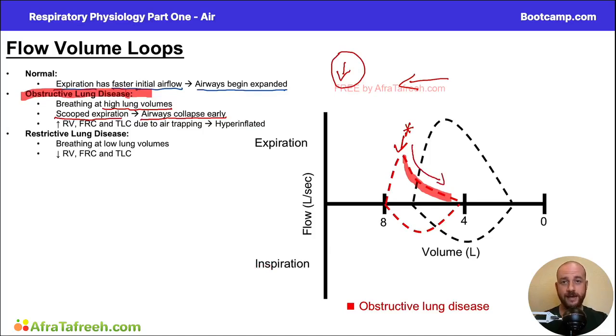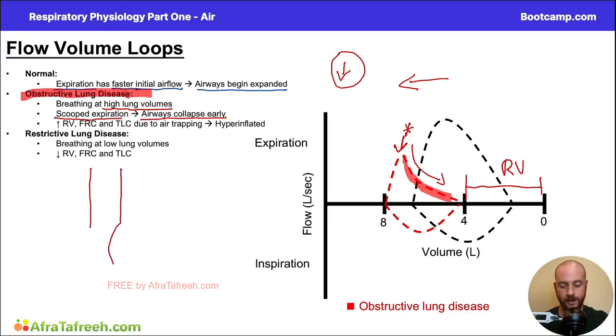And lastly, we can see that in obstructive lung conditions, we have this massive residual volume compared to normal. And the reason for this is that if we just draw in our airways here, and let's say that the airways are very collapsed, then during expiration, as we have air in the alveoli and we try to expire it, maybe a tiny bit of air will be able to get through those collapsed airways, but the rest of the air is going to bounce back and be trapped within the alveoli.